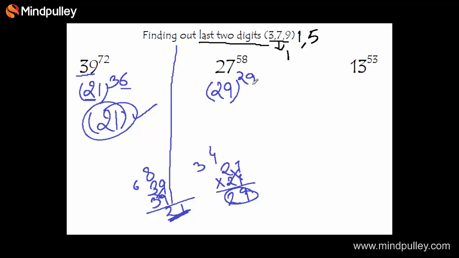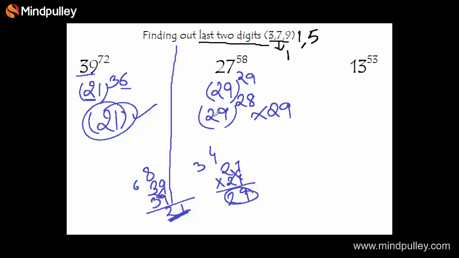Now we have the value 29 power 29. We can write it as 29 power 28 times 29. What we did here is expand this power, meaning 29 power 29 is the same as 29 power 28 times 29 power 1.